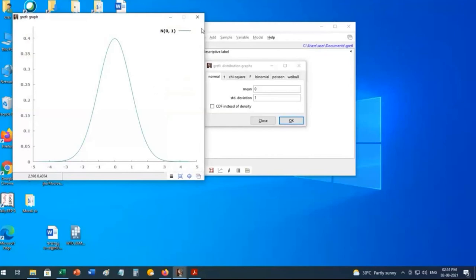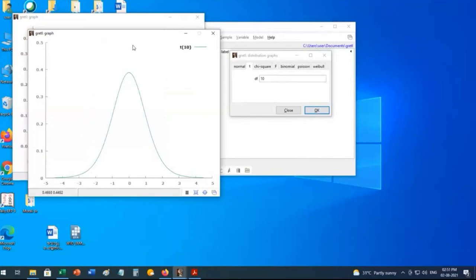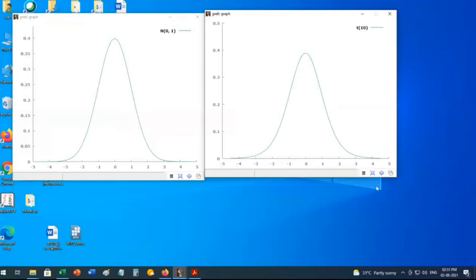Now, suppose we want to find out the distribution of T. Say the degrees of freedom is 10. For 10 degrees of freedom, the T distribution graph. Click OK. We get this. So we can compare the normal distribution and the T distribution.